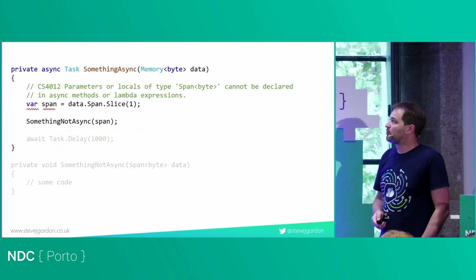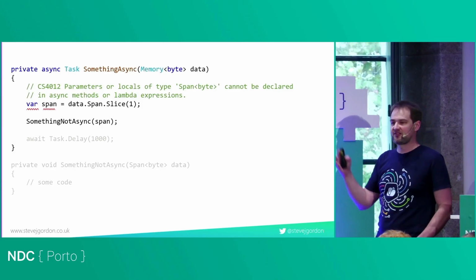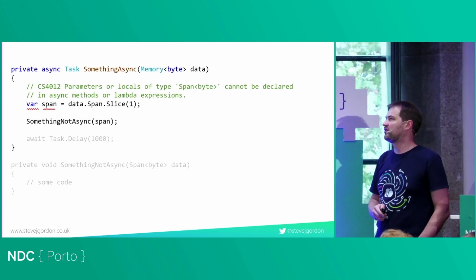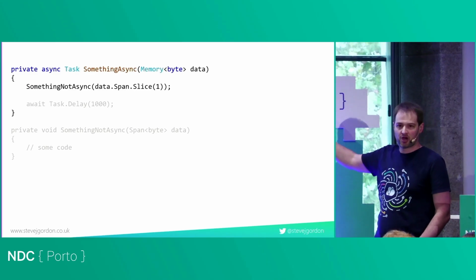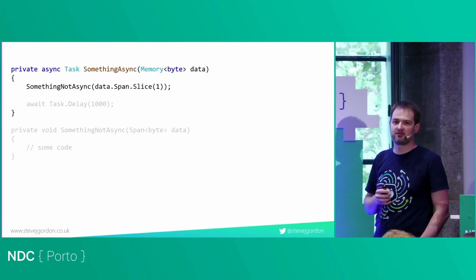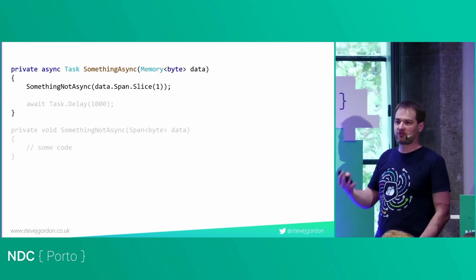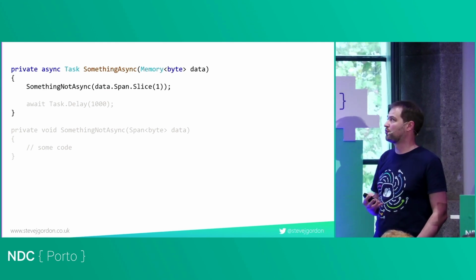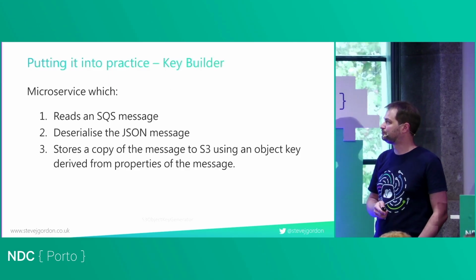So in this code base, one option you might be tempted to try is to create an instance of a Span sliced at a certain point that you're going to pass into that non-async method, which again, you can't do because it can't be a local. But what we can do is pass in that slice expression directly, and the compiler's totally happy that it can make all the right guarantees about this now. And then that non-async method can do all of the processing using the high-performance Span-based approach, and we can switch back to the async method when we're done.